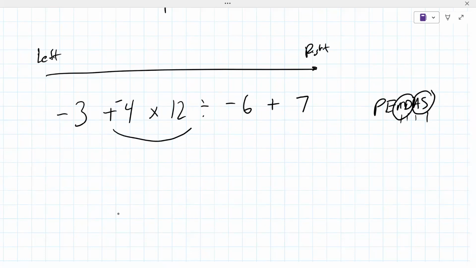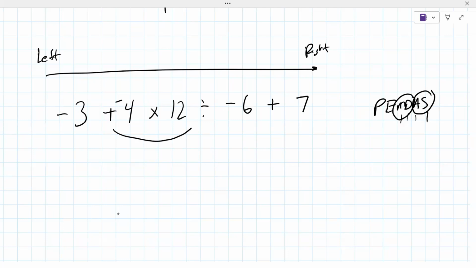-4 times 12 was 3. Multiplying, the number gets bigger, so it'll be 48.